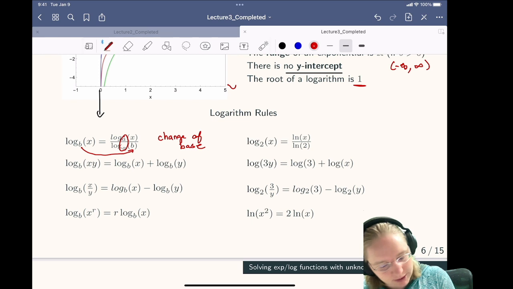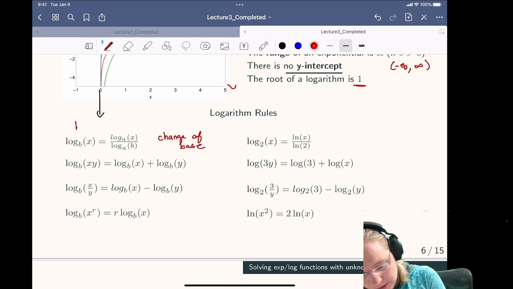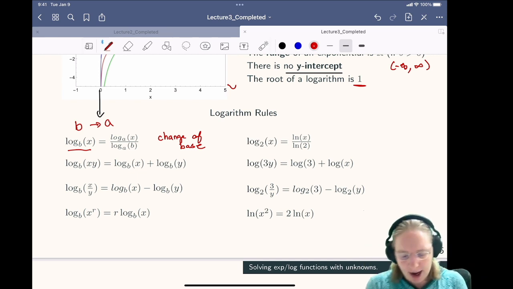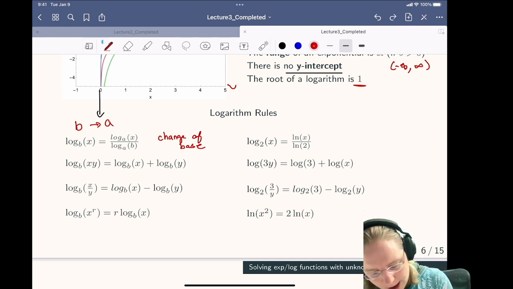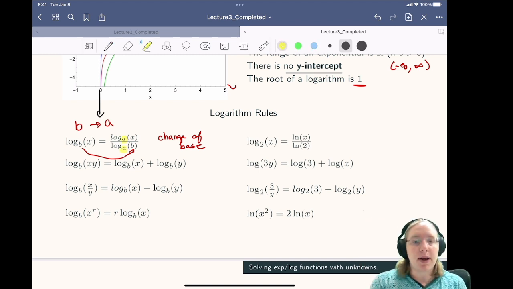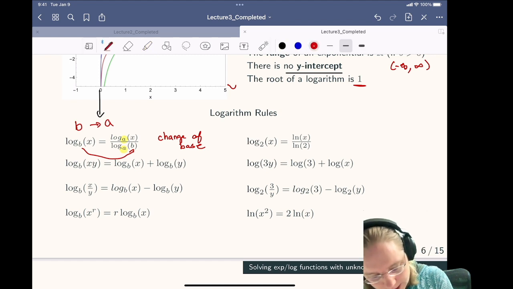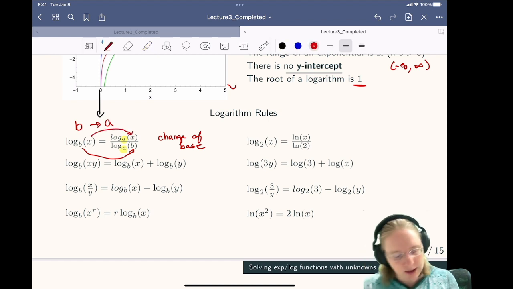Oh, sorry, that's backwards. If we want to change from a base b into a base a, so you have log base b of x, you take the base b that you have and you move it into the denominator, and you take the base that you want and you write it as the new base. The argument stays in the numerator.